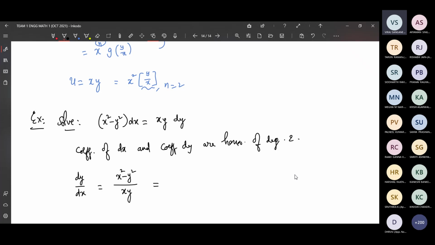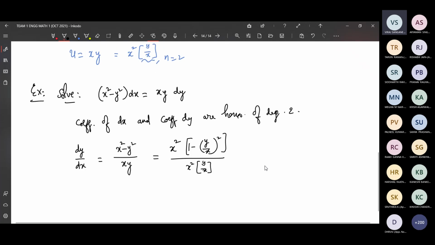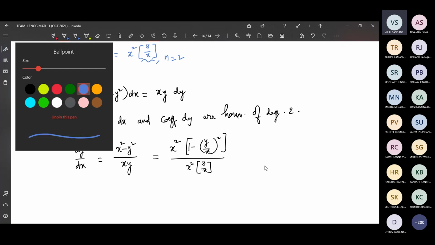Now what I will do here, because of the above verification of homogeneity, I can write this as 1 minus y by x whole square, and this is x square into y by x, right? And now this y by x quantity I will take as v. That is the difference here.